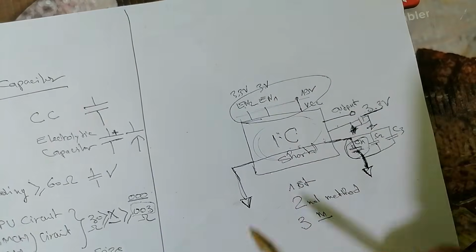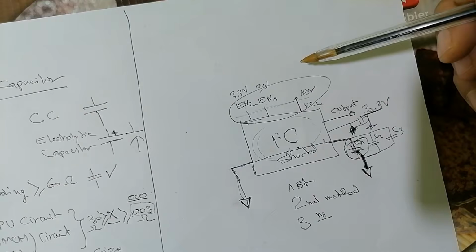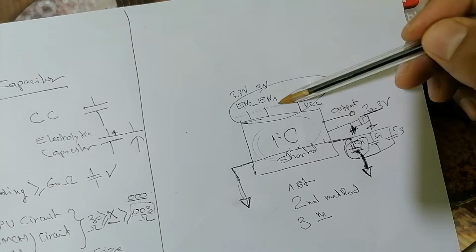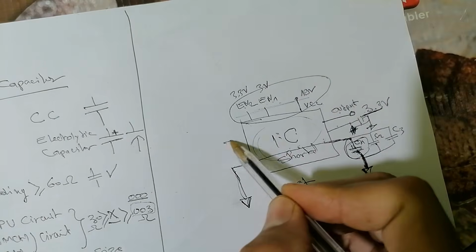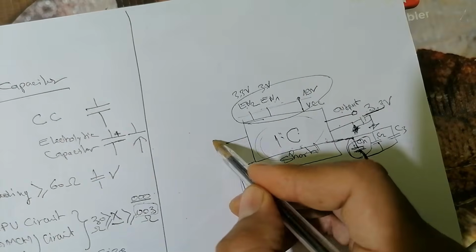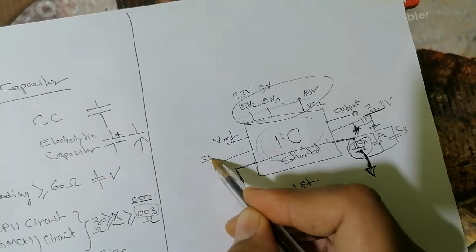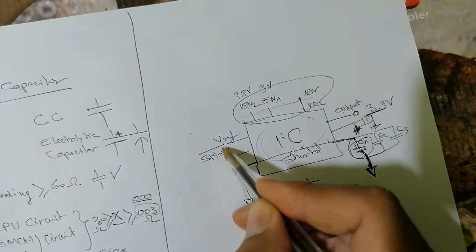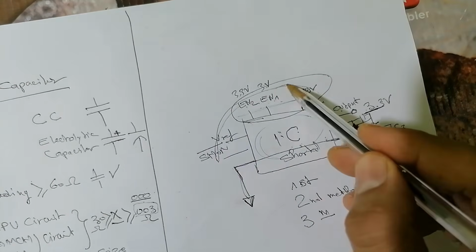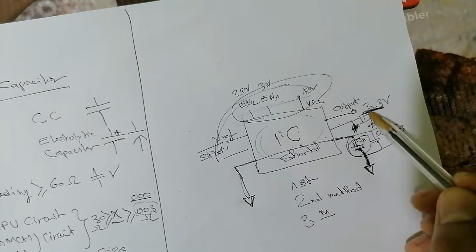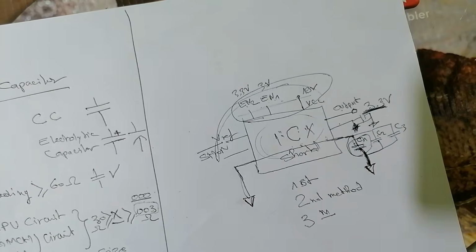If we find that all inputs are present, 19 volt is present, enable 1 present, enable 2 present, and other input signals like V reference and the shutdown signal are present, and the 3 volt is still missing, it means the IC is the bad component.